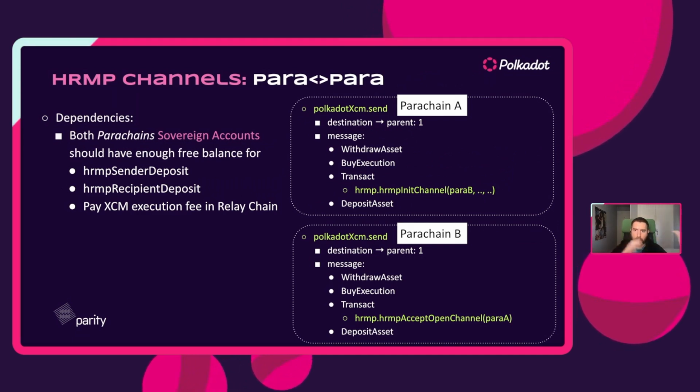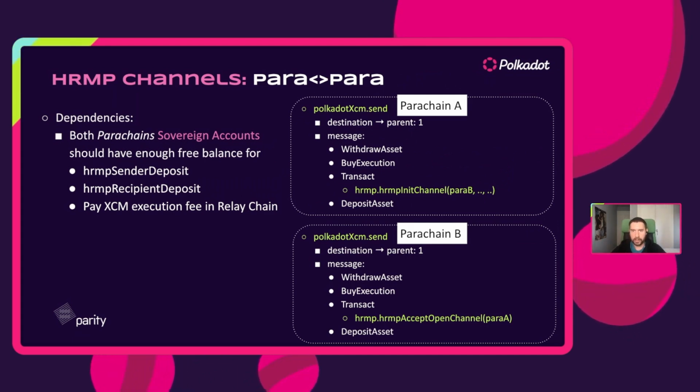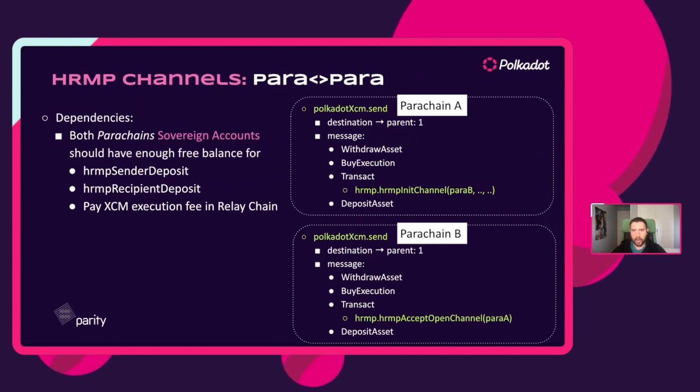If you remember, it's done with XCM messages from each parachain. So parachain A will initiate the request for opening a channel, and parachain B will accept the request.